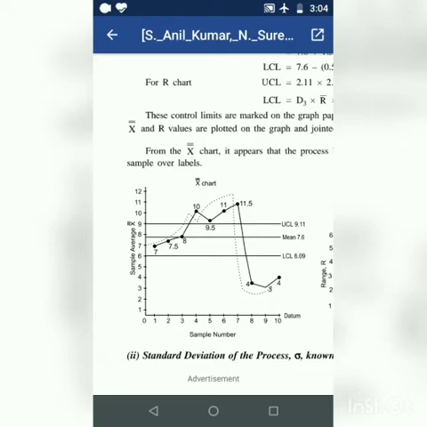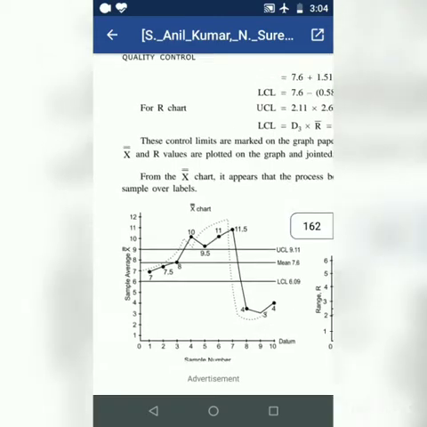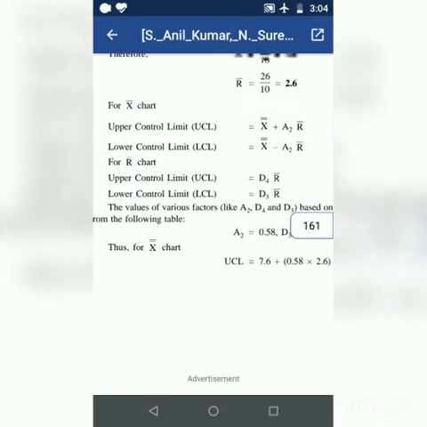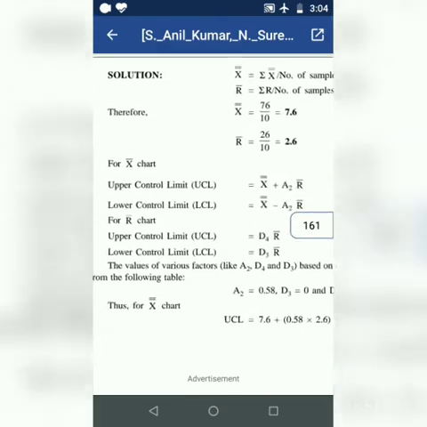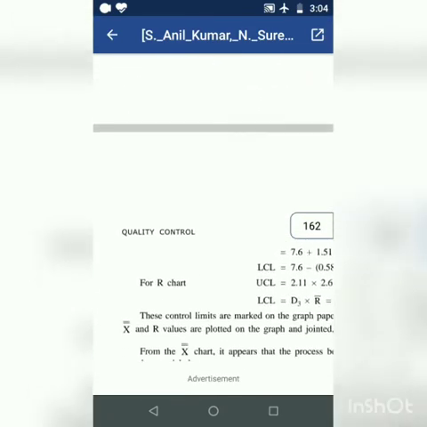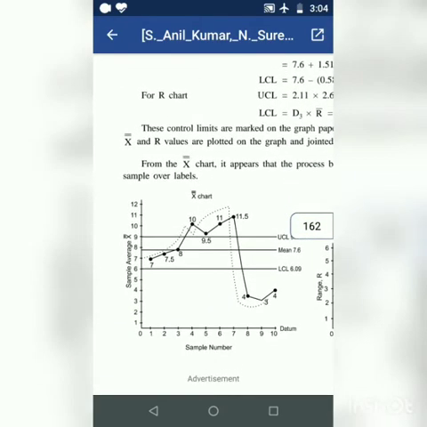We know that the mean for the first sample, as given in this table, is 7.0, right? So we will see that 7 is plotted as a point between these lines.